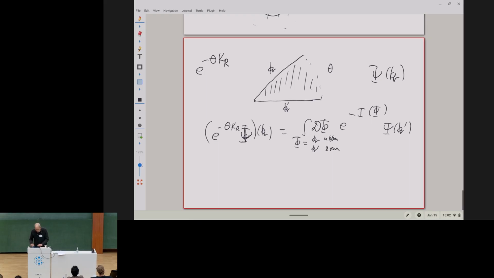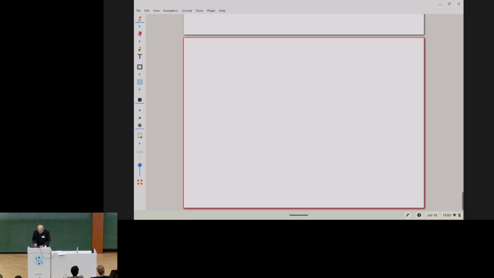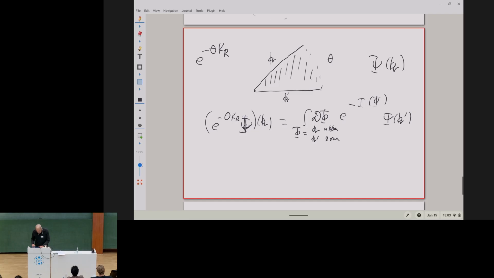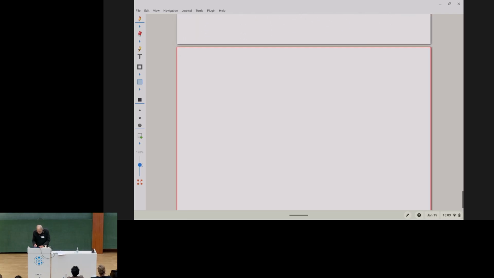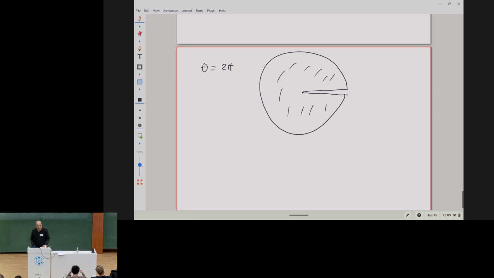Well, now what we're going to do is to just consider a couple of special values of theta that are important. First, we'll set theta equals 2 pi. And what is a wedge of opening angle 2 pi? Well, it means we rotate all the way around and come back to the starting point. And that's the path integral that constructed our density matrix.